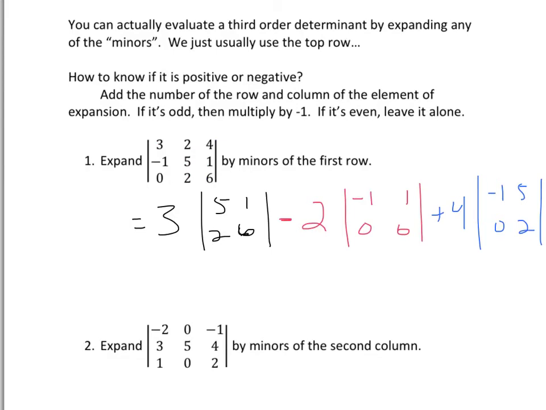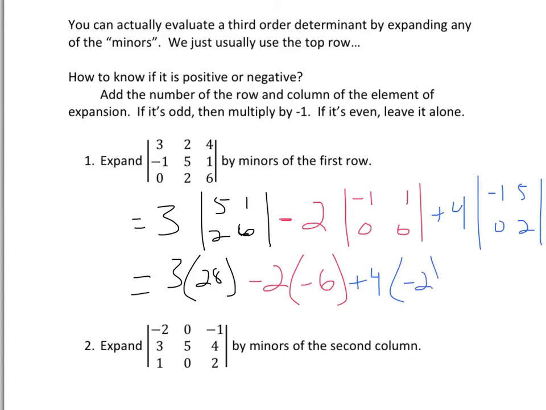Once we get that set up, you simplify everything you can. We've got 3 times 30 minus 2, which is 28. Minus 2 times -6 minus 0, which is -6. Plus 4 times -2 minus 0, which is -2.